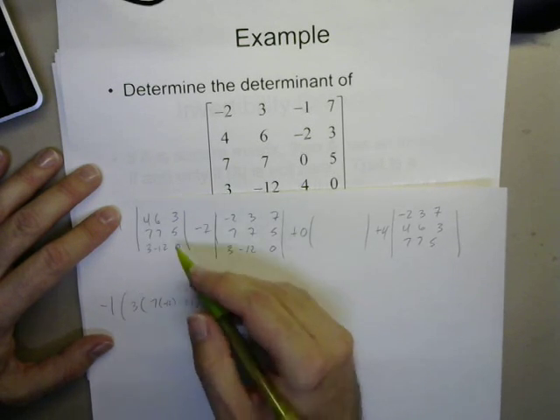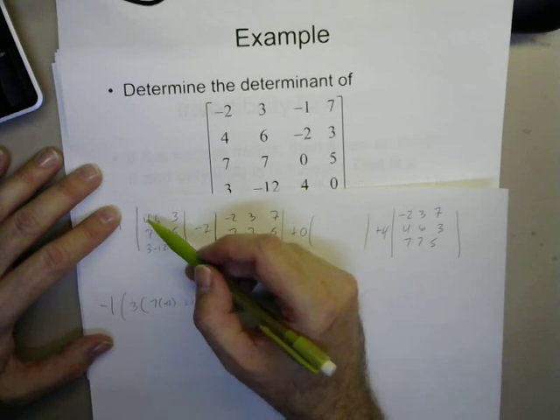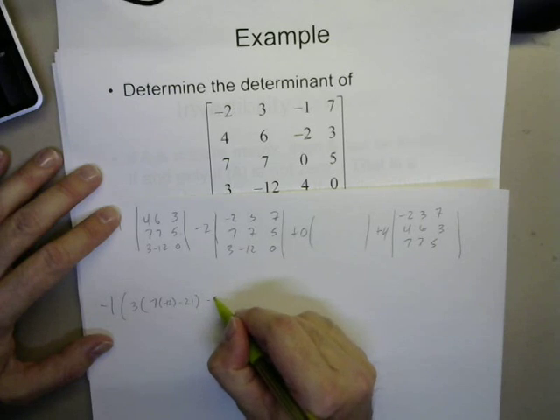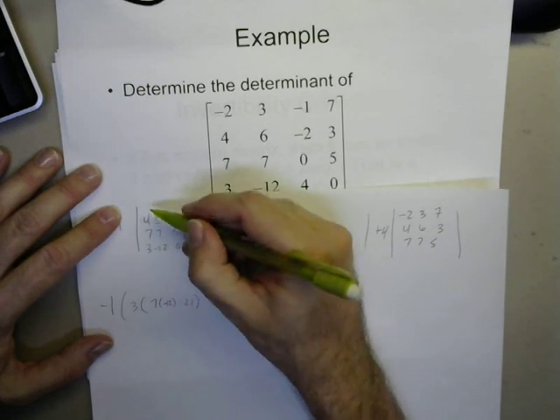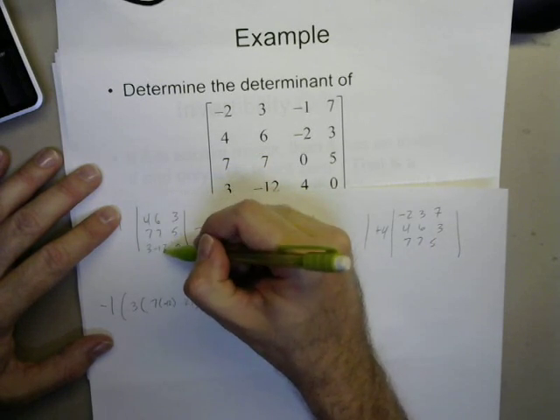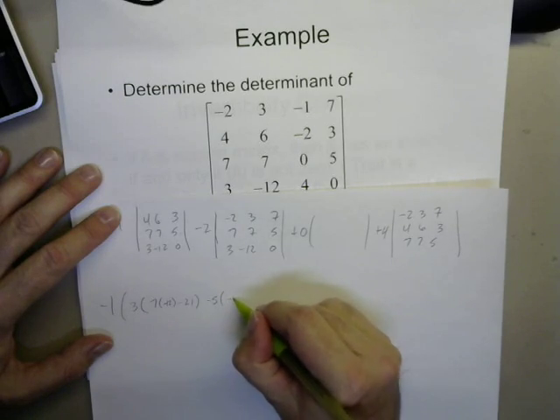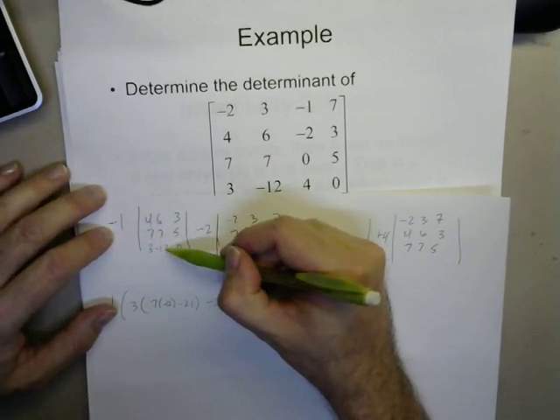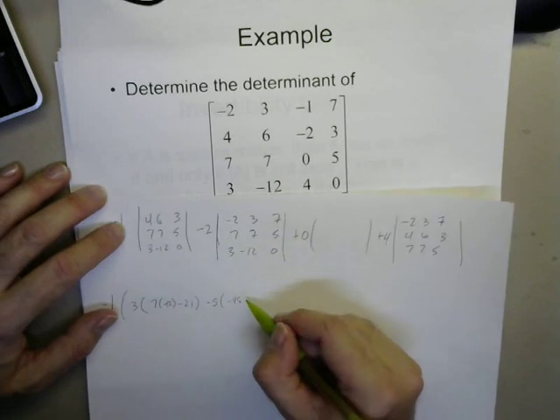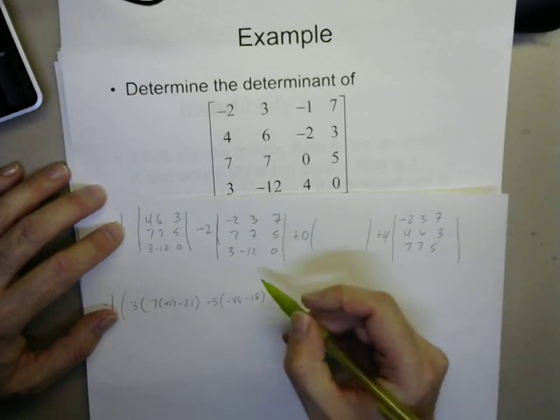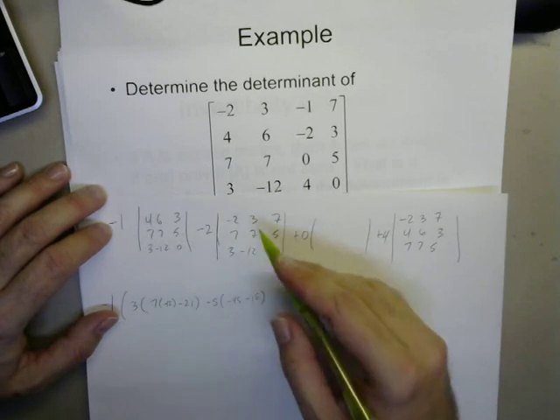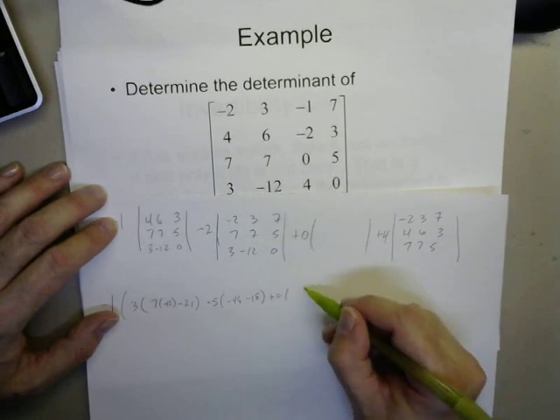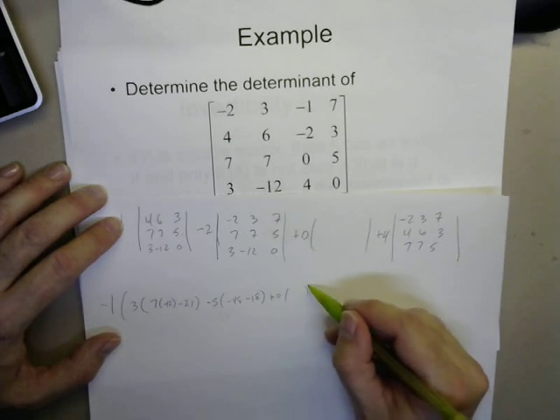Then I will multiply by the 5, so again it should be plus, minus, plus. It'll be minus 5 times 4 times negative 12, which would be negative 48. Remember, I have to cross out the row and column that the 5 is in, so I'll get 4 times negative 12 minus 3 times 6, which is minus 18. And then I will just multiply by 0 times whatever this determinant is, but I don't need to calculate that because that's just going to be 0 anyway.